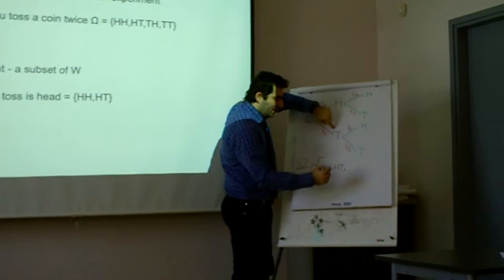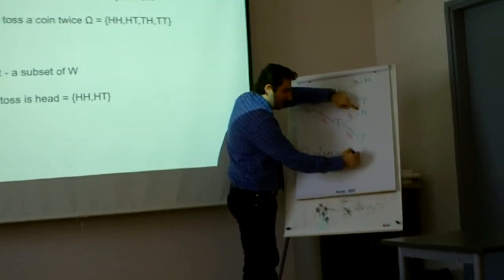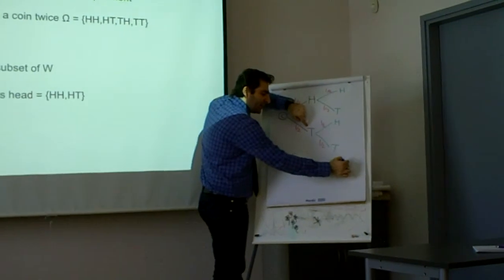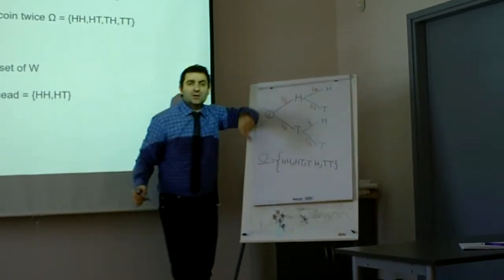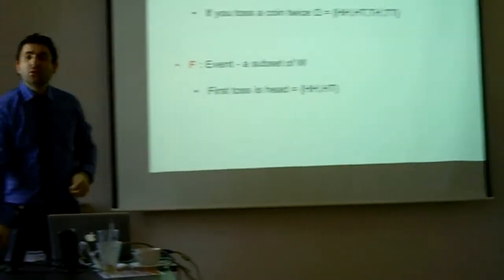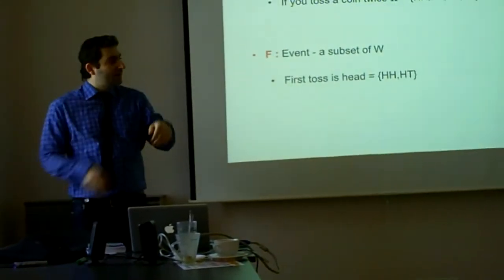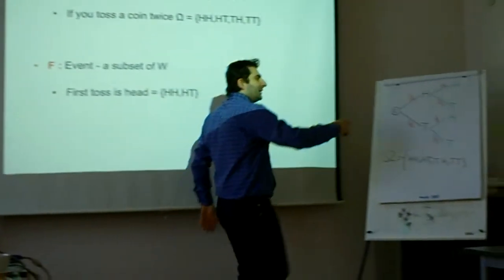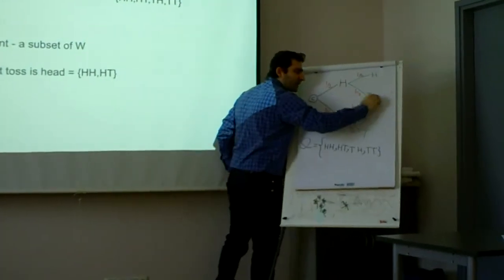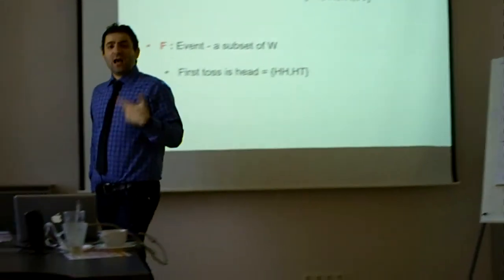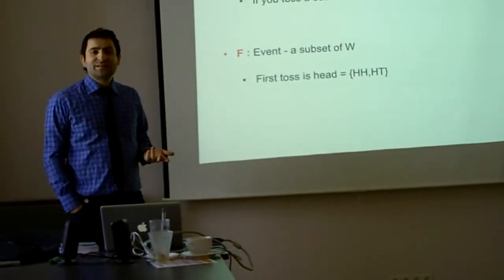The first one can be tail, the second one can be head. The first one is tail, the second one is also tail. So this is omega, this is how we find omega. And if you need to toss it for the third time, then you can make these bigger. Why? Because this one can have 2, this one can have 2, and so on. So this is how we are calculating the sample space.